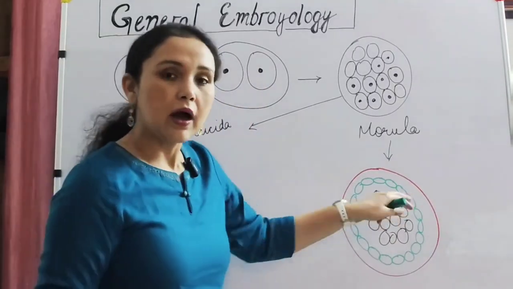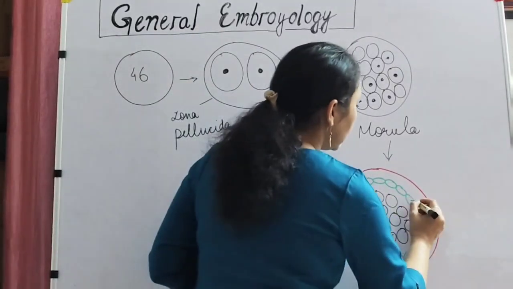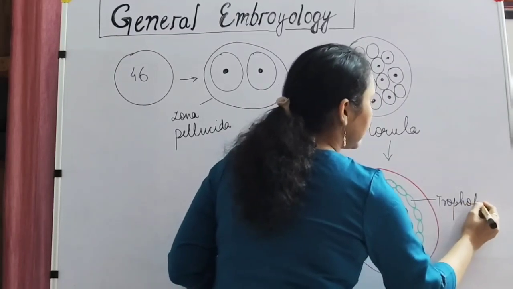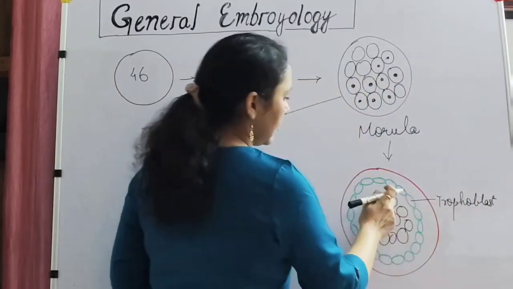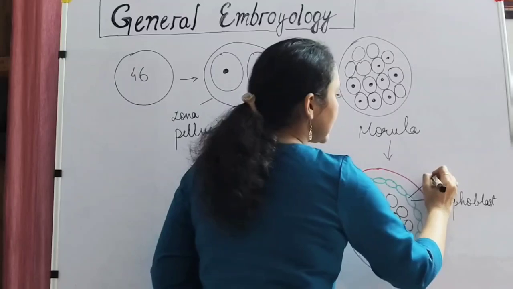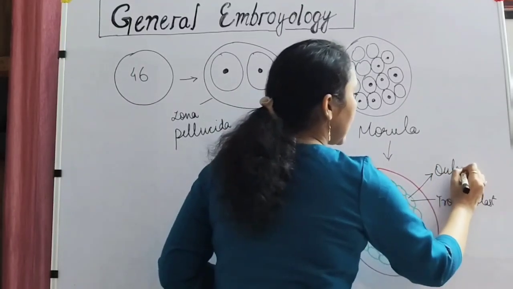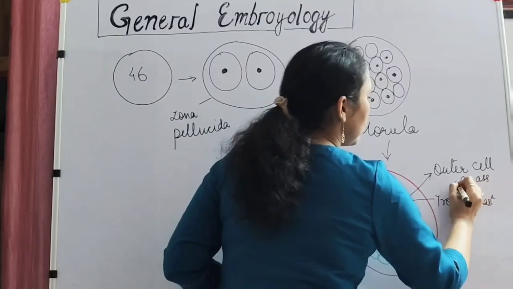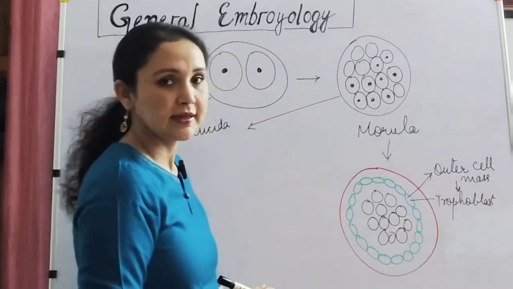The cells on the outer side will form a layer, the trophoblast. Right? So these cells are called the outer cell mass, and these will form the future trophoblast.